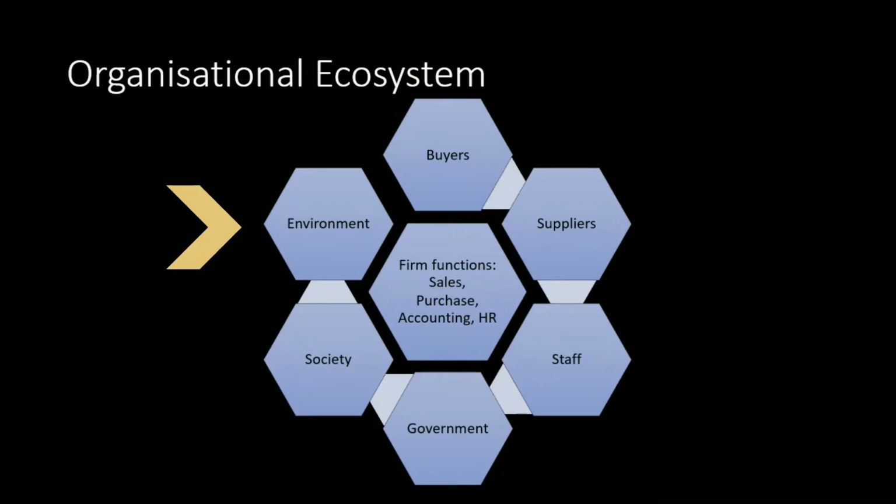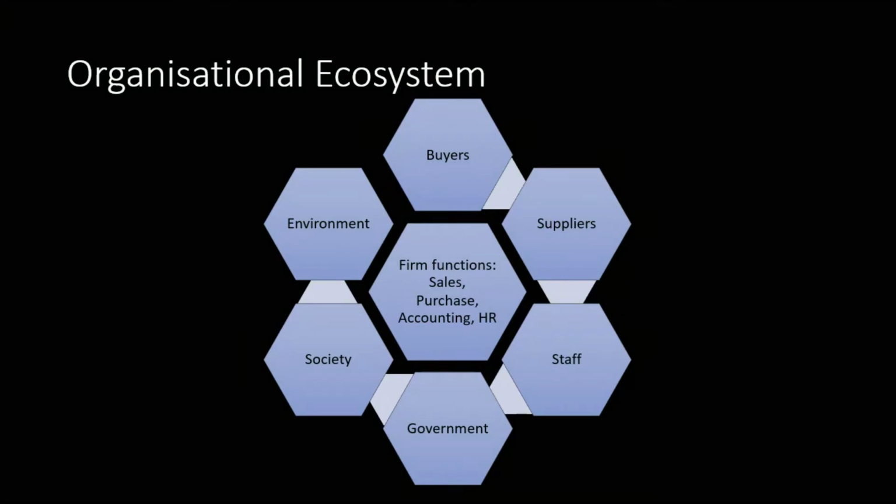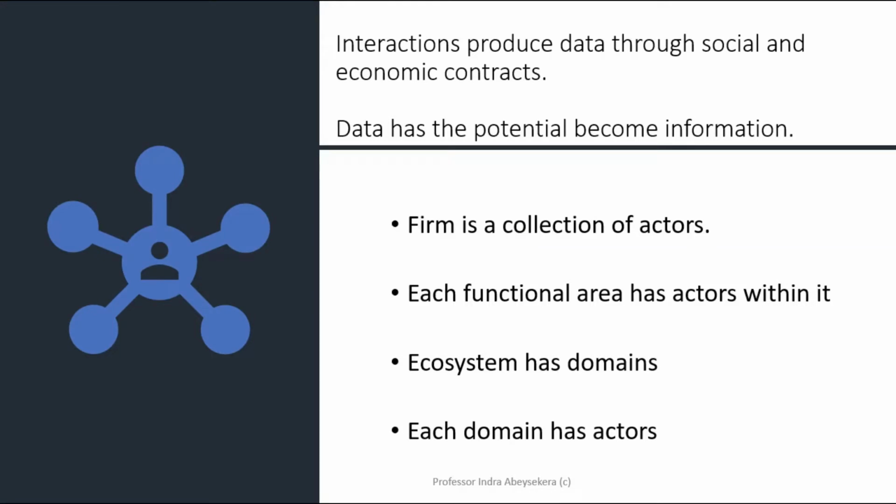So there are interactions that are taking place within the enterprise and between the enterprise and each of these stakeholders. These interactions produce data, and these interactions are social and economic contracts.